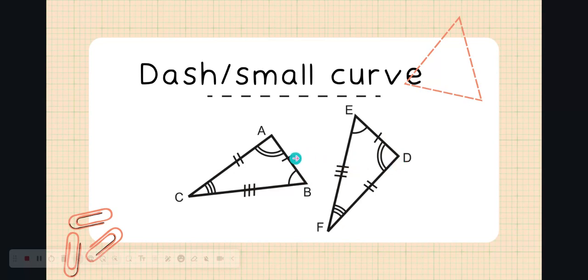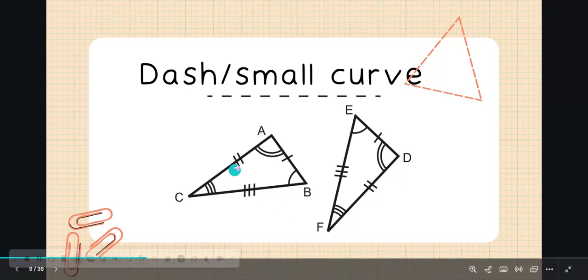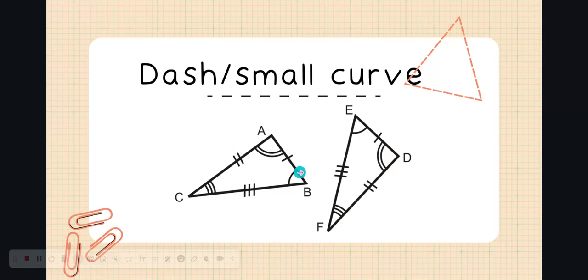We know this because it has one dash mark. Same as how AC is congruent to DF, since it has 2 dash marks. This is the same for angles. In this example, angle B has 1 angle mark, so it is congruent to angle E, which also has 1 angle mark.